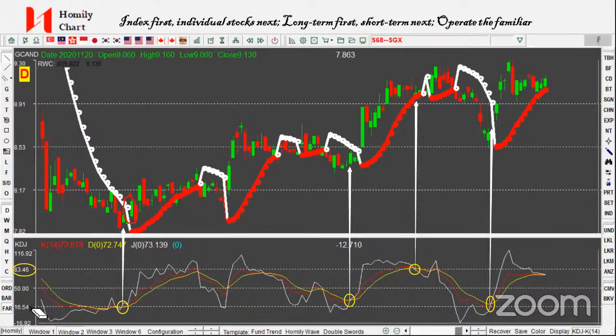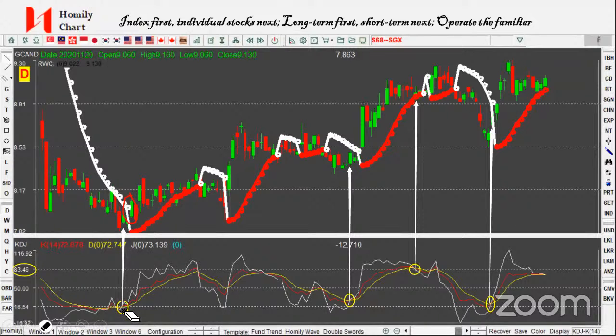Here this dotted line level is 16, so close to 20. So this is the oversold area here. And we see here, can you see that the red line upward crosses the yellow line in the circled area, right? So this is the golden cross.